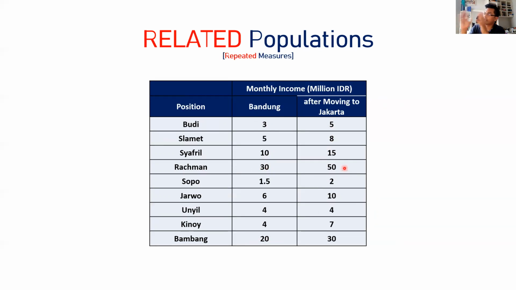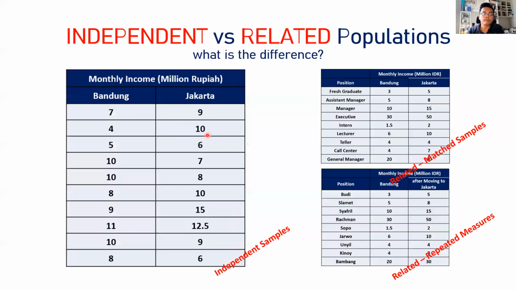But still, if you look at related populations, there are values in both populations, in this case Bandung and Jakarta, but there is a matching identifier which binds these two records. So these two records are paired to a single identifier. So here we can see independent and related populations. What is the difference?